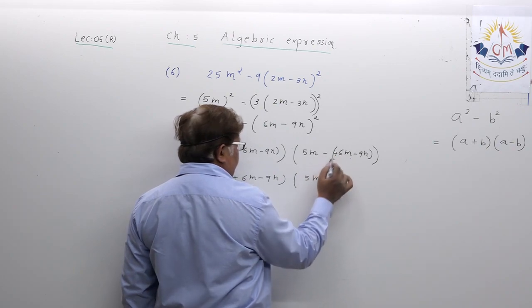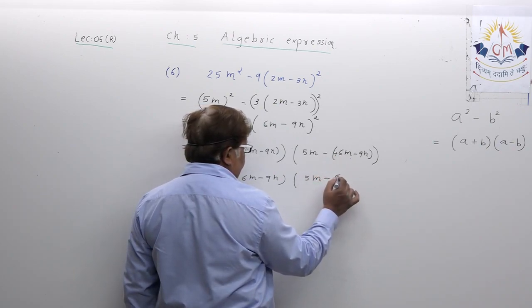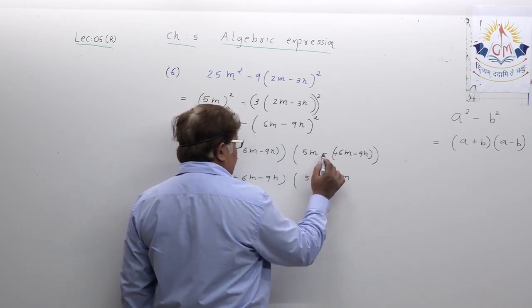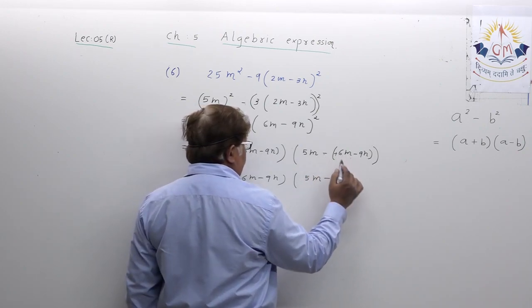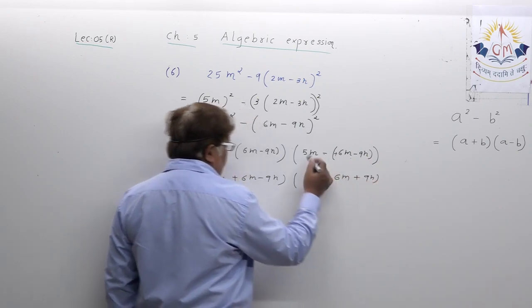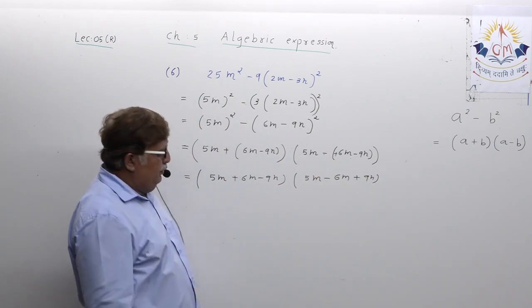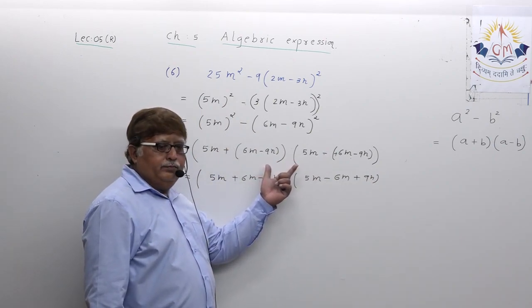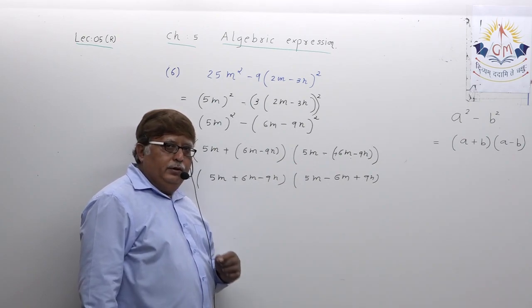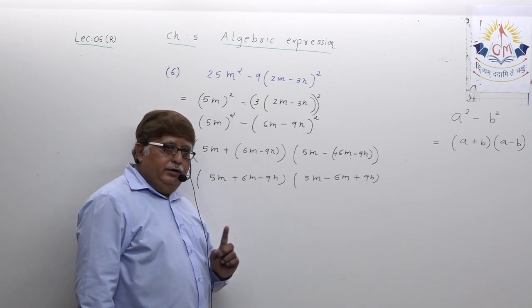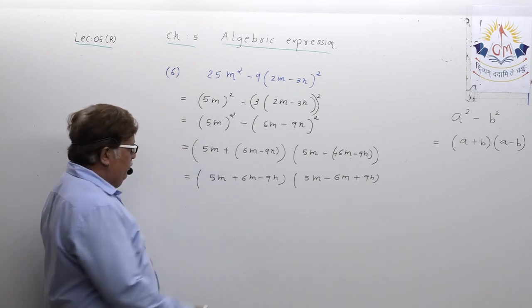This is plus, so minus plus, minus 6m, minus minus plus 9n. This, dear student, is a precautionary step to avoid any sign mistake. You can avoid any sign mistake if you follow this step.